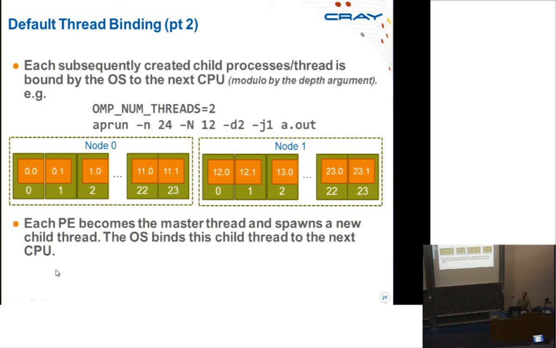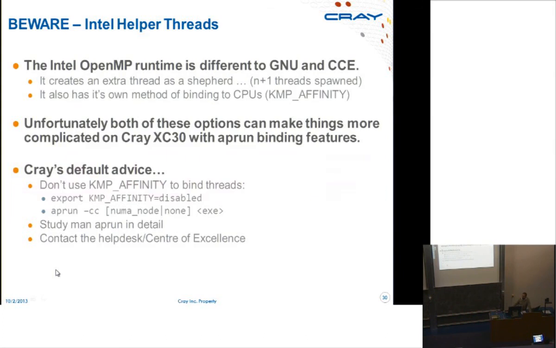A lot of this applies similarly to how you would use the XE6. So in the j1 mode, effectively it's very similar. You're using just a node which has 24 CPUs. As I said, with Intel and hyperthreads, the Intel runtime behaves slightly differently to CCE and GNU.